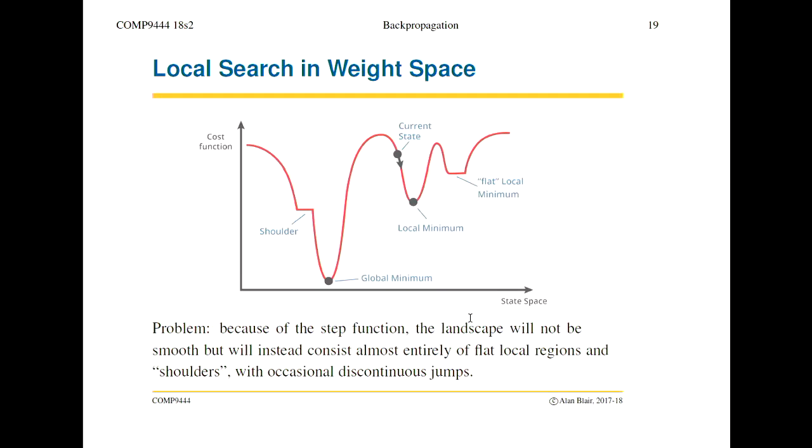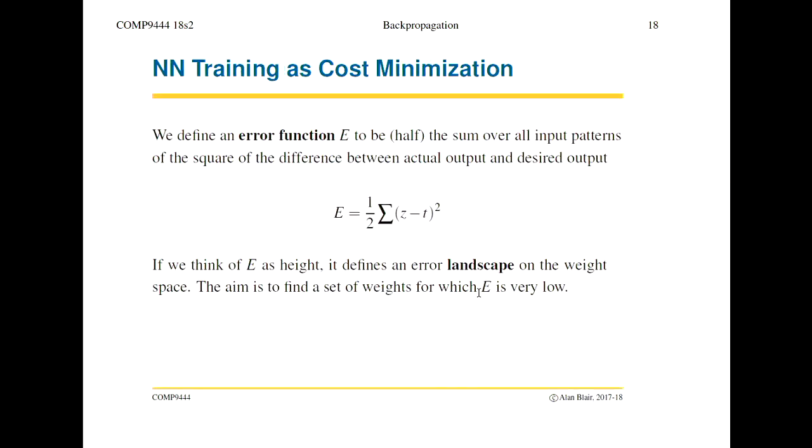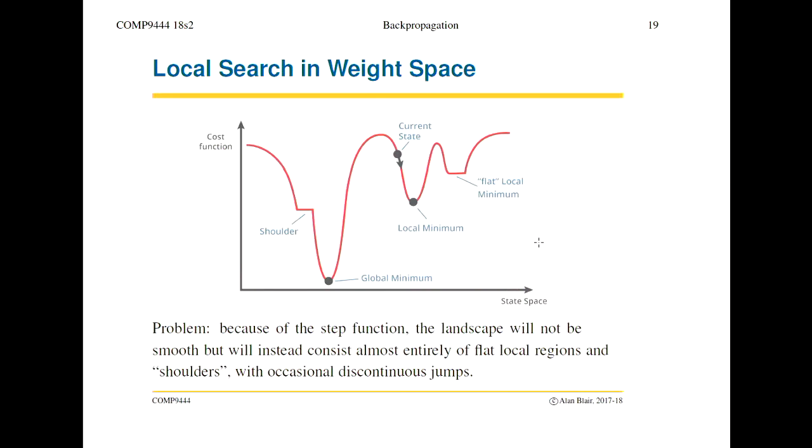For any particular set of weights, I can test these inputs and calculate this error function. There'll be some places where the error is 0, some where it's 1, where it's 2, where it's 3, and where it's 4. And what I want to do is find the place where it's equal to 0.